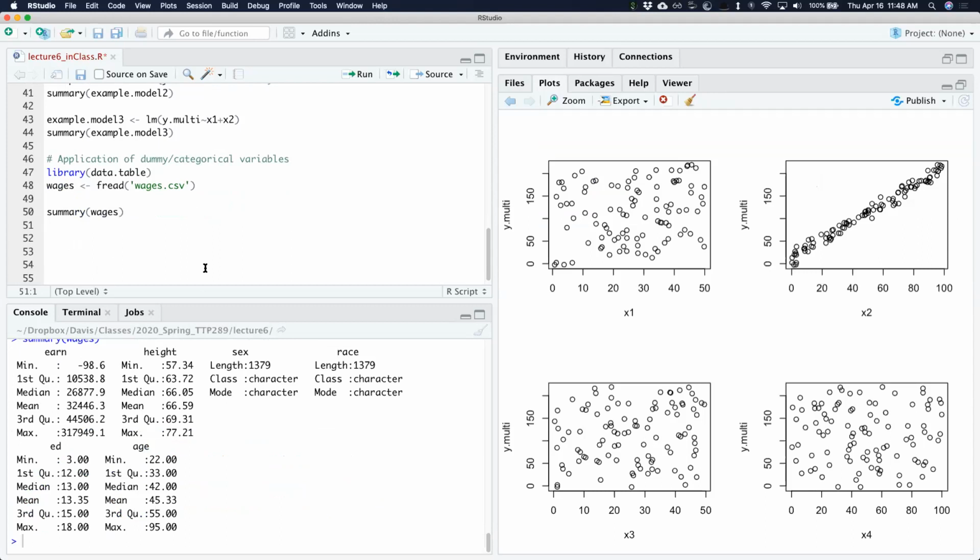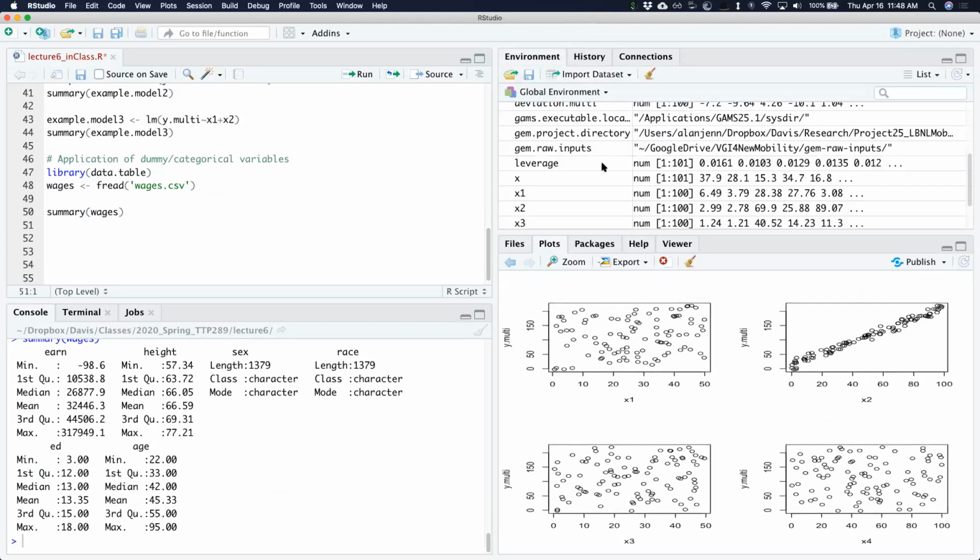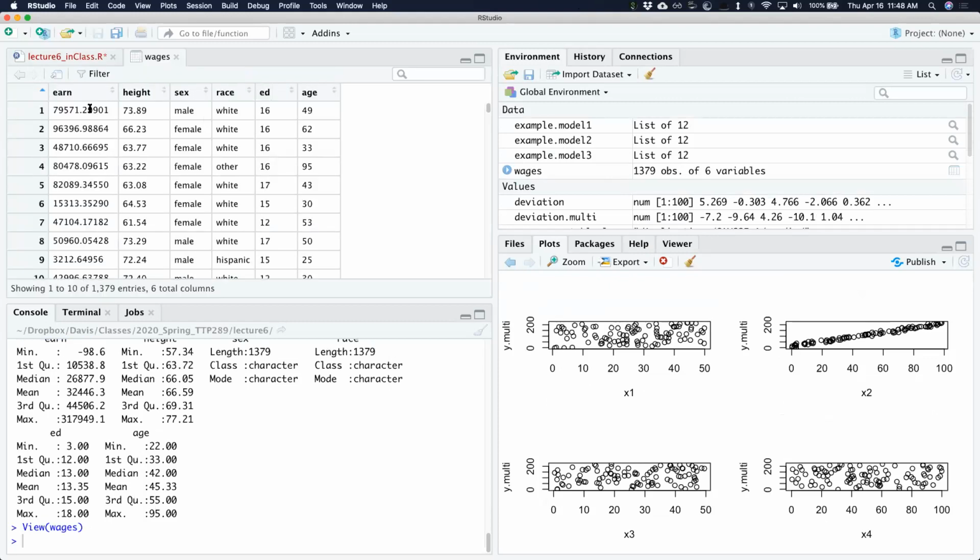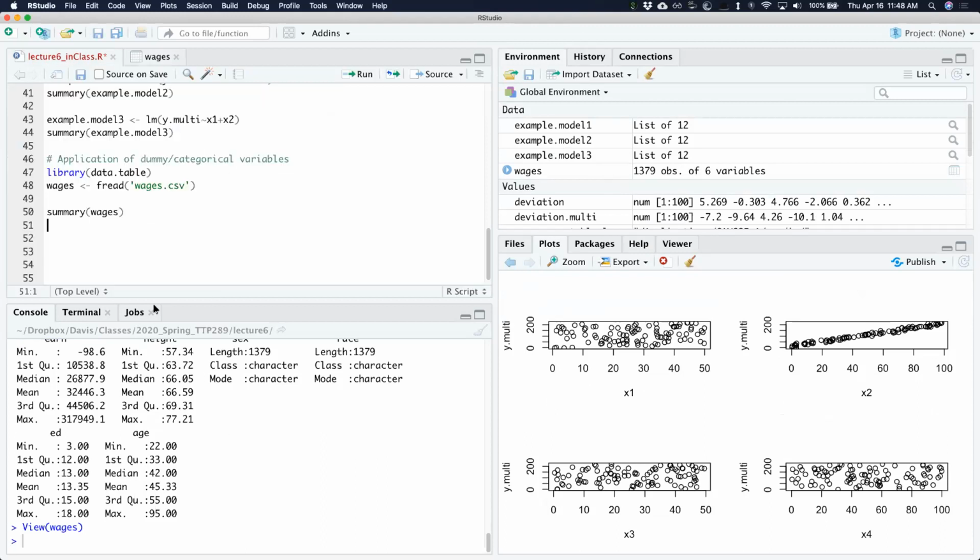So we have earnings, and these are organized for each individual. So this person makes this amount of money, has a height of 73 inches, as a male, white. Education is ED, and age 49. You can see the data types here.